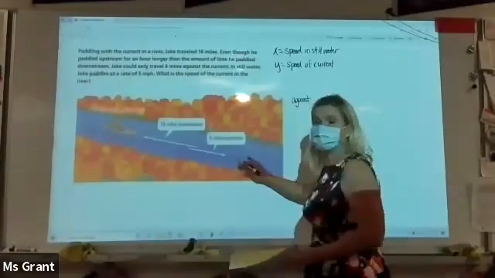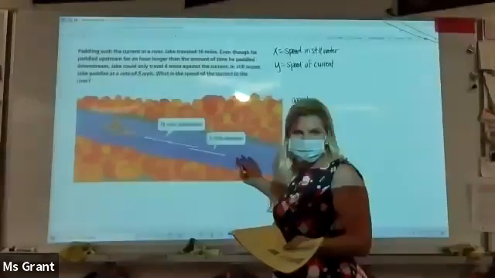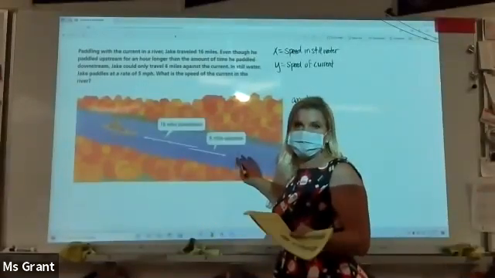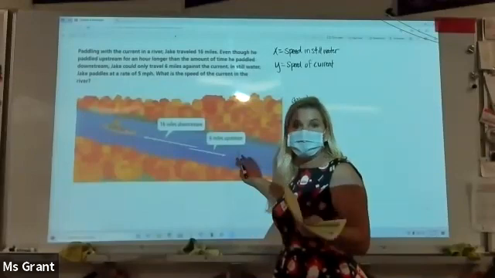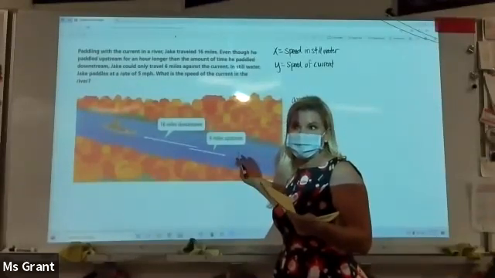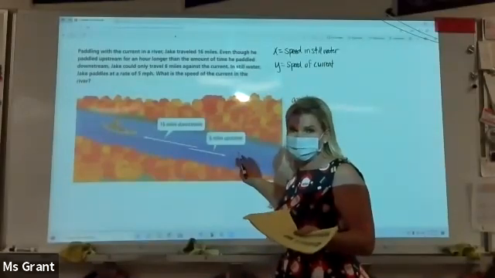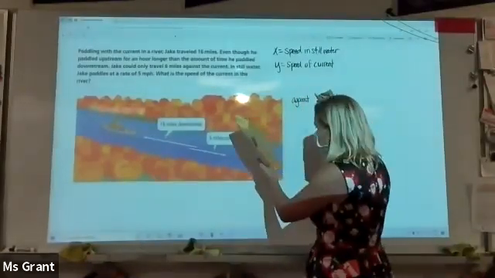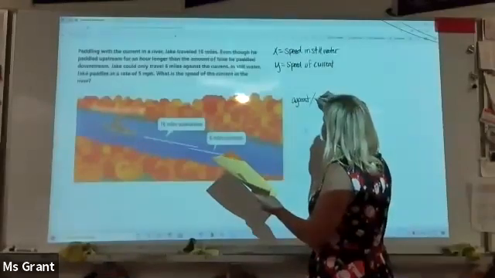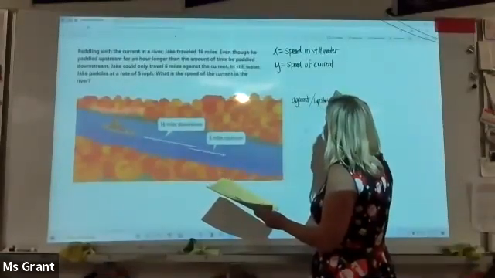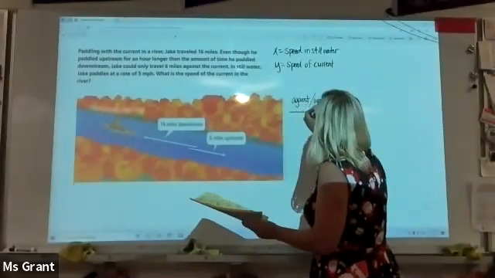Now, when I'm in a river or when I'm riding my bicycle, or if I'm flying an airplane, the wind affects my trip. Also, in a river, the water speed affects my trip. So I have against the wind or upstream versus with the wind or downstream.